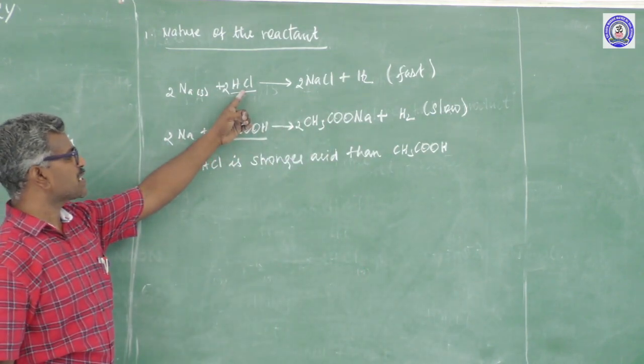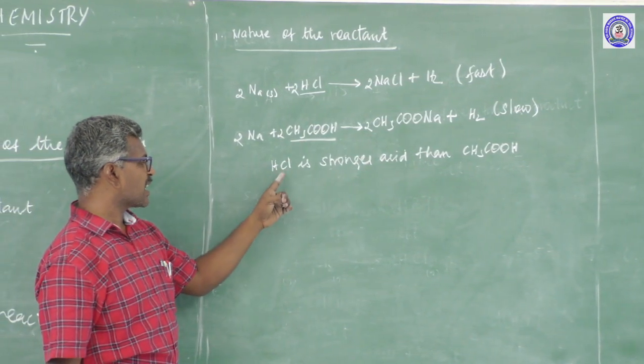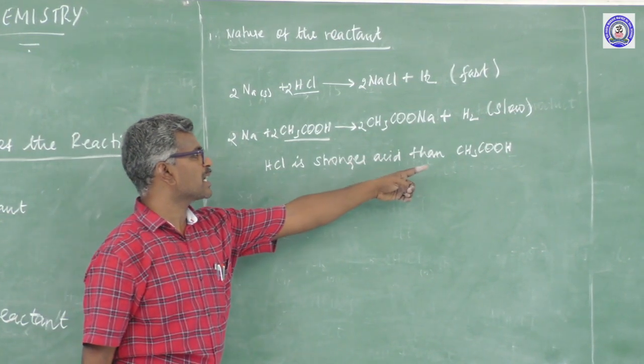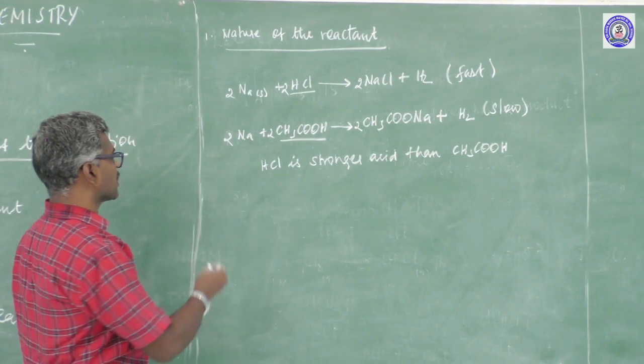The concentration of H+ in HCl is more than in acetic acid. HCl is a stronger acid than acetic acid. This reaction is a fast reaction. This reaction is a slow reaction.